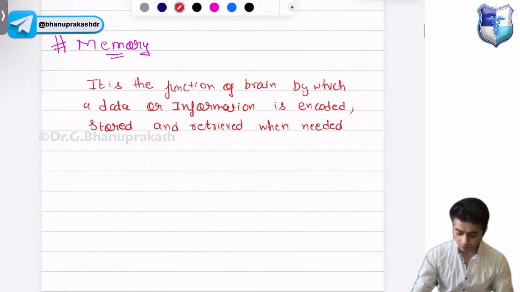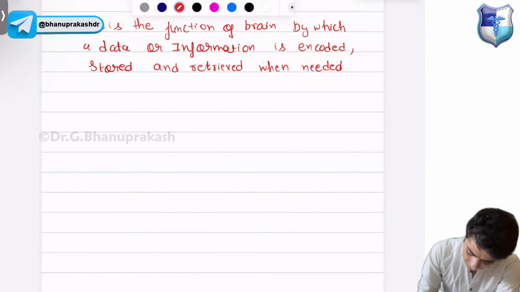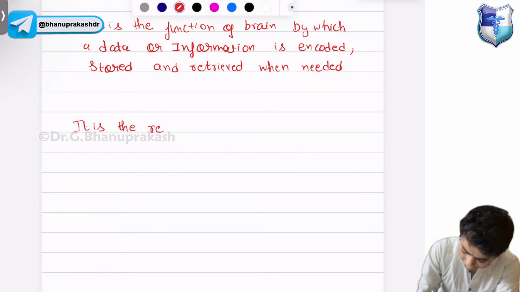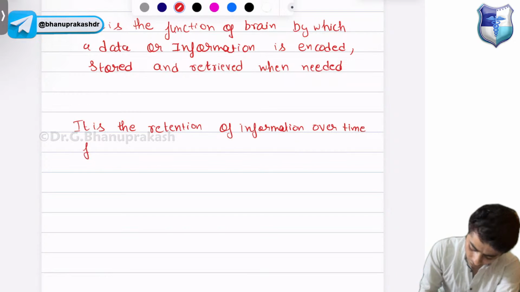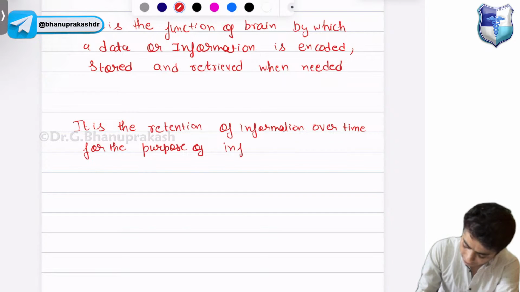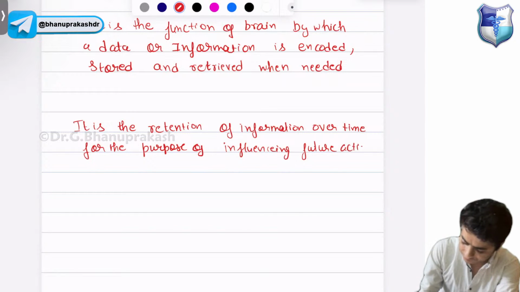So it is the retention of information over time for the purpose of influencing future action.